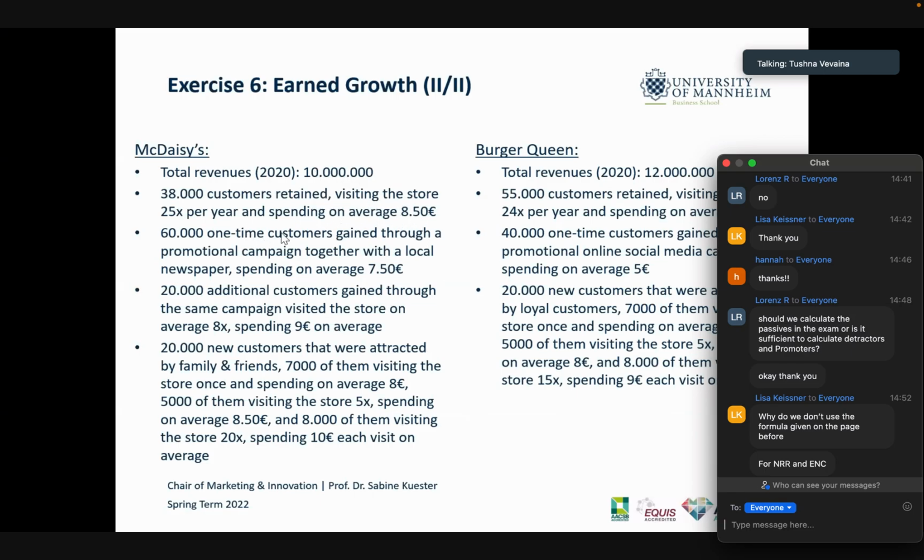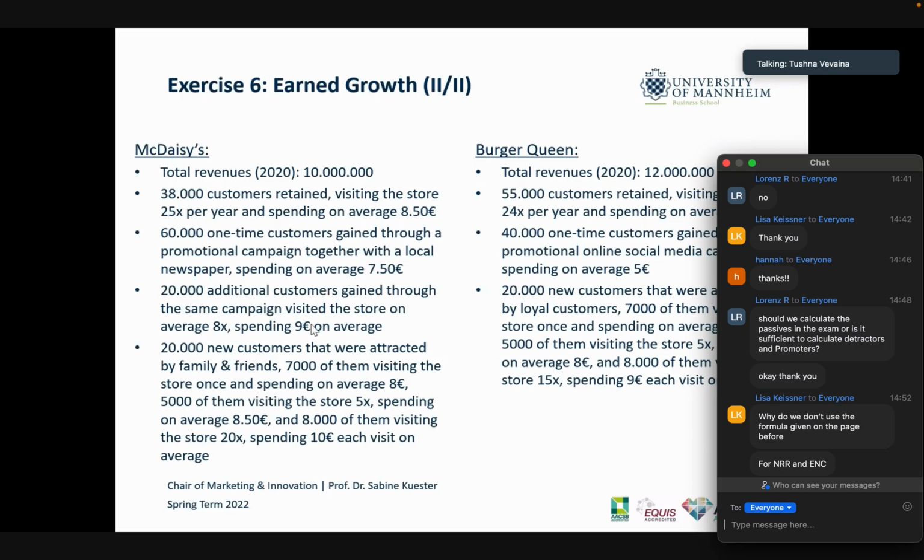Then it's given one-time customers gained through a promotional campaign. Now, remember I mentioned that a promotional campaign is not a referral, and therefore it comes under a bought customer and not an earned customer. So these 60,000 one-time customers would form part of your revenue through your bought customers. So you have 60,000 into 1 into 7.5.